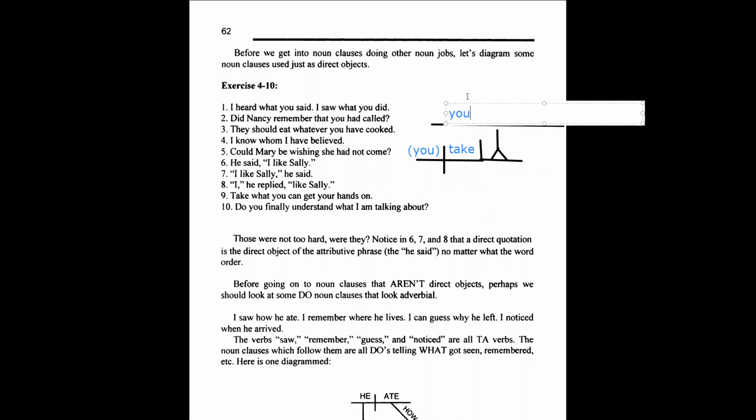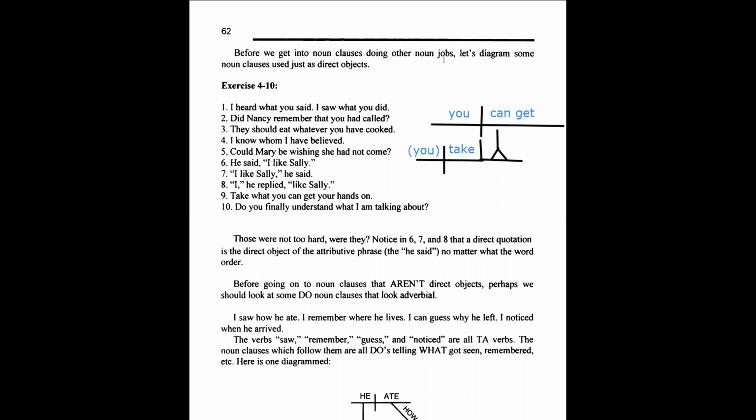You. Okay. And then I have my main verb, can get. Can get.